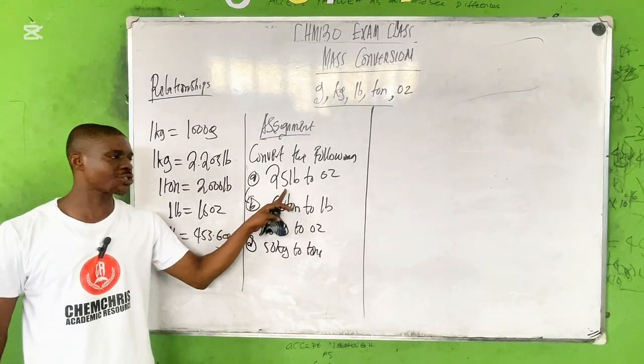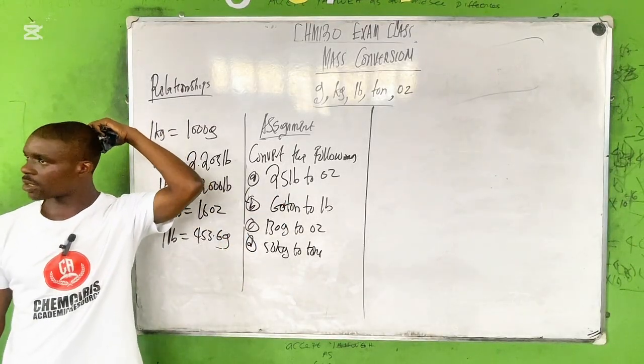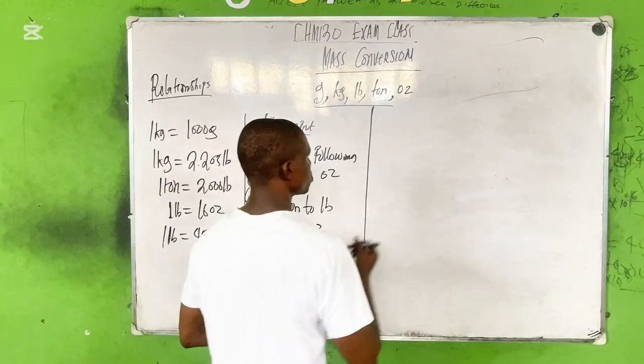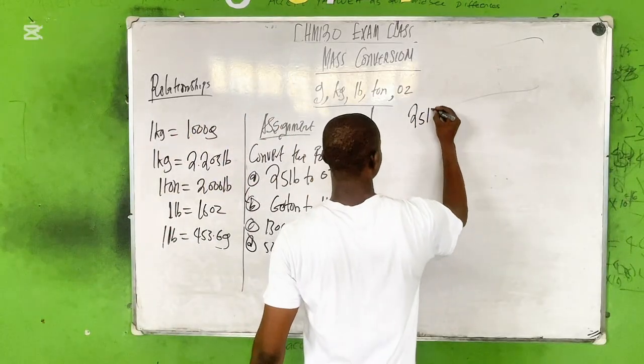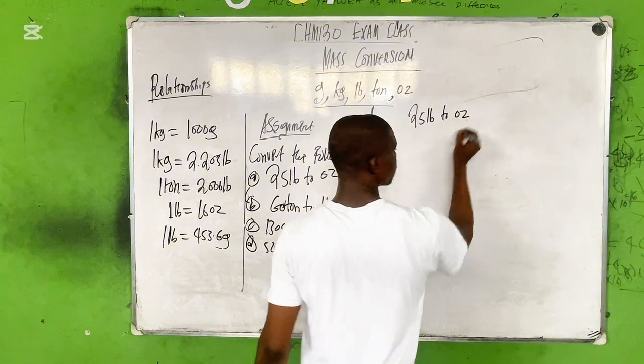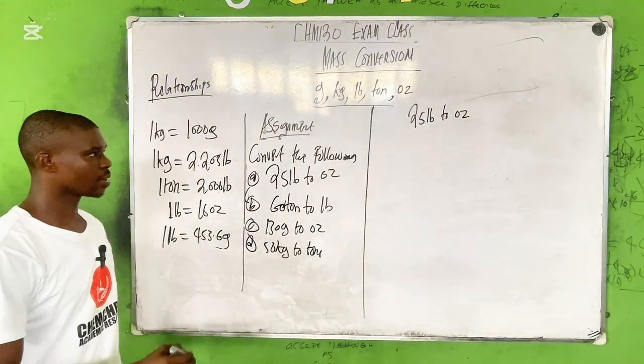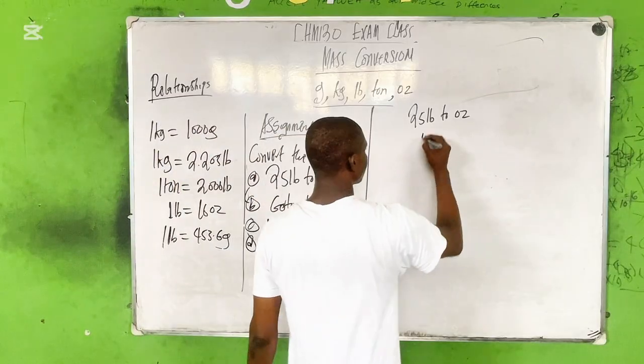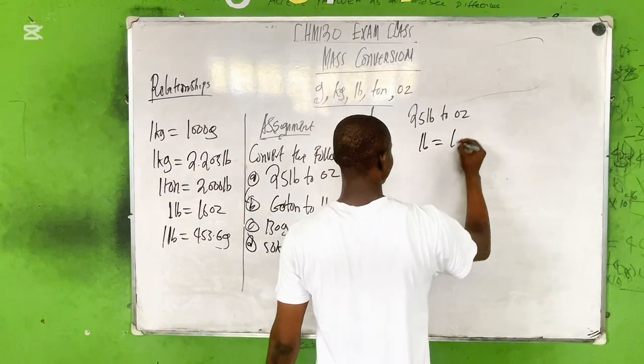Now, 25 pounds to what? To ounces, right? 25 pounds to what? To ounces. Relationship: 1 pound equals what? 16 ounces, right?